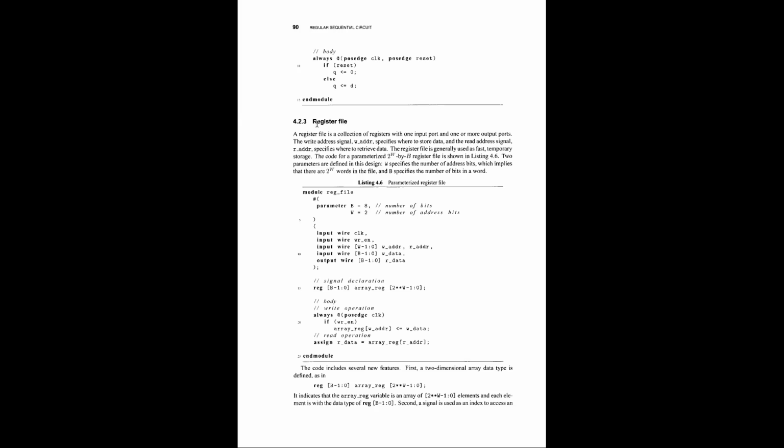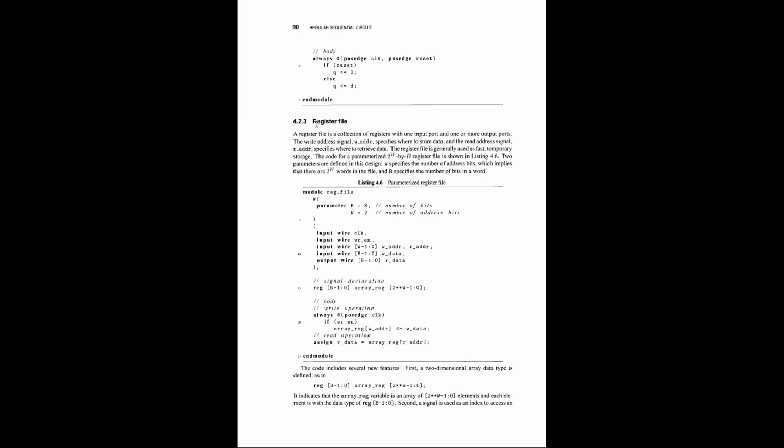What is a register file? A register file is basically a collection of registers. And what is a register? A register is basically a collection of flip-flops with a common clock.